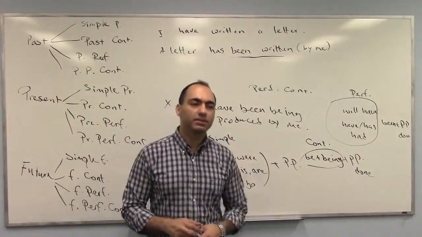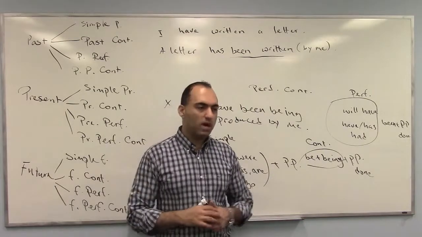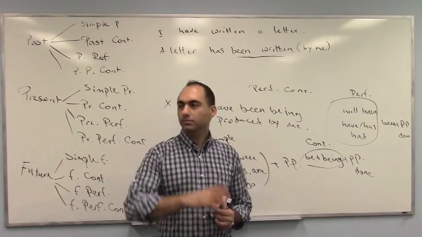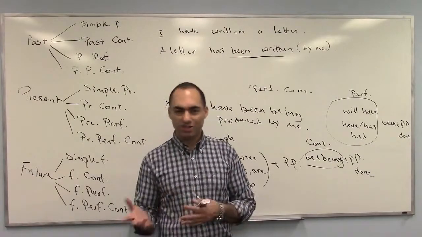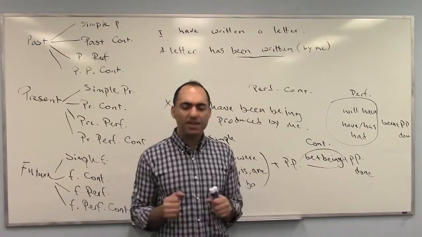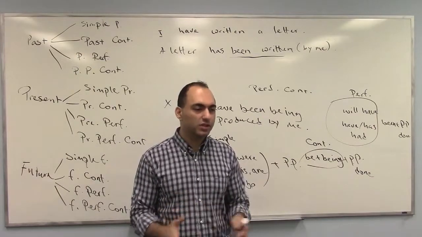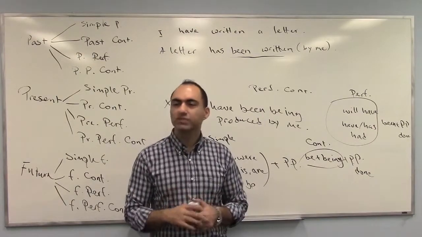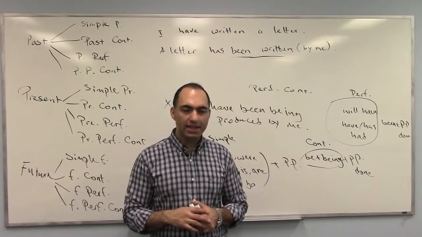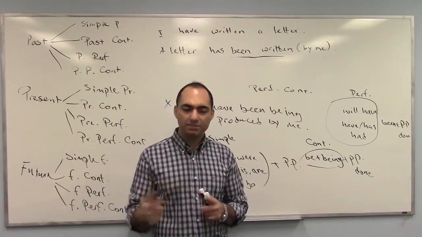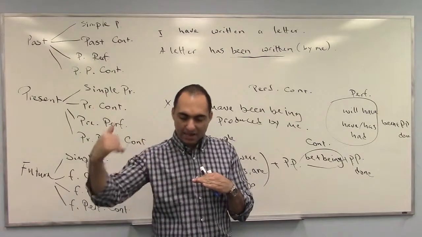I have been washing the dishes for 2 hours. The dishes have been being washed. I have been typing this letter for 2 hours and it won't finish. The letter has been being typed.